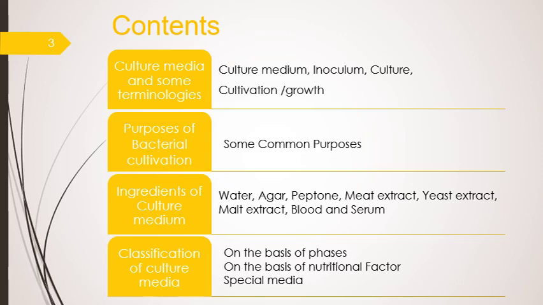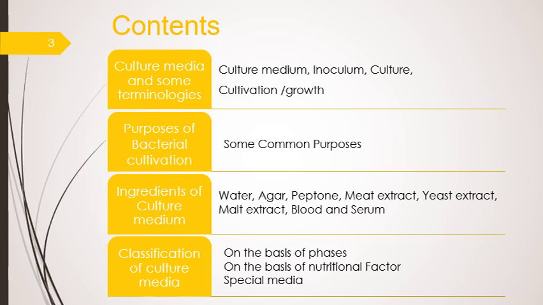In addition to this, we also discuss the ingredients of culture media. We use different types of ingredients to propagate different types of microorganisms, because microorganisms have different likings, you can say, for their nutrients. In the end we discuss the classification of culture media.